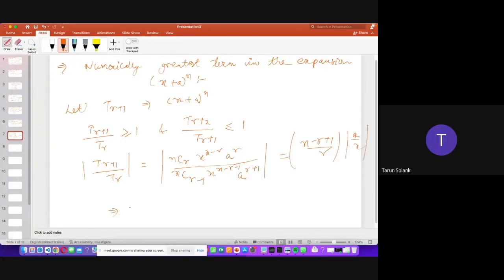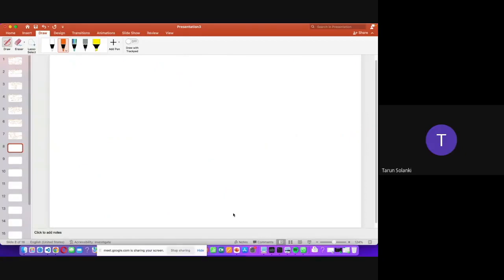So here we have (n − r + 1)/r times |a/x| greater than or equal to 1. Next, (n + 1)/r is greater than or equal to |x/a| + 1. So r here you can write as (n + 1)/(|x/a| + 1).